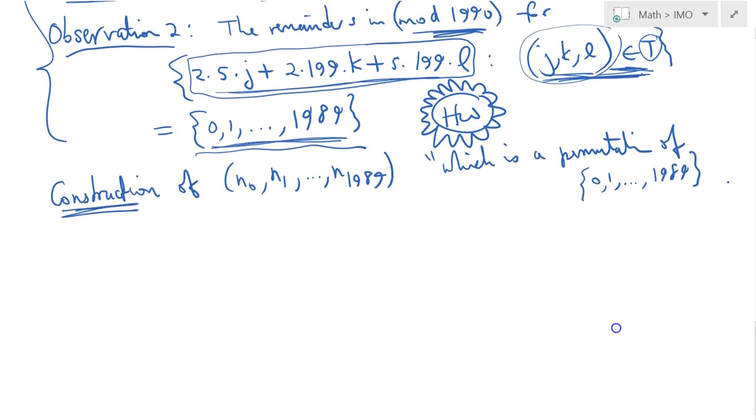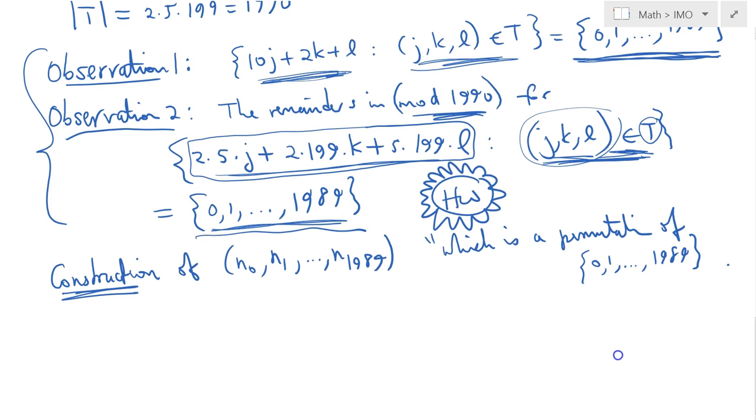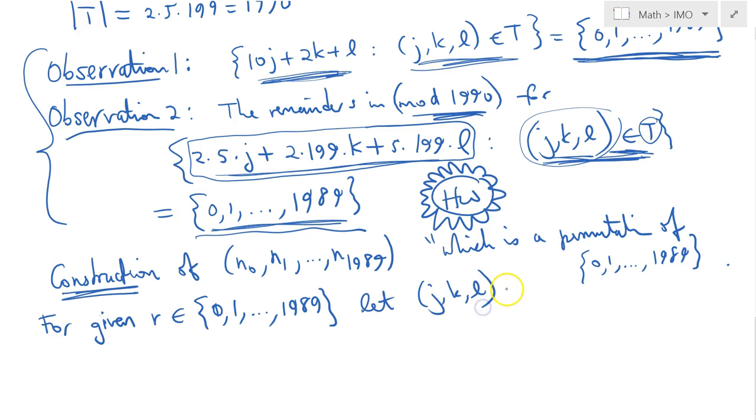Okay, so assume you guys have paused, and here is a way to construct it. So you have the two observations. For given R in the set 0, 1 all the way to 1989, let the triple j, k, l in T be the one which would generate it as a remainder if we use the second observation, basically, right?